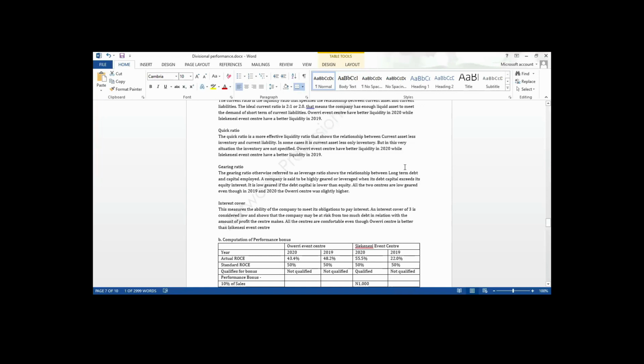Gearing. The gearing ratio, otherwise known as leverage ratio, shows relationship between long-term debt and capital employed.